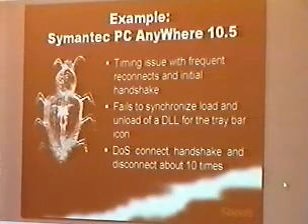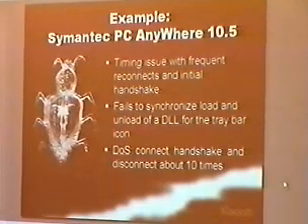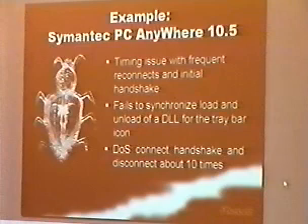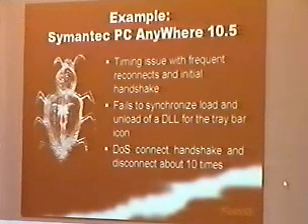So here's an example. This little bug crept out from under a DLL that is part of Symantec PC Anywhere. So by lifting the DLL, you find this little bug running over your table. It is a timing issue. And it is an interesting timing issue because it's not concurrent connections, but fast sequential connections that trigger an interesting behavior, because PC Anywhere needs to inform the user of what it does.